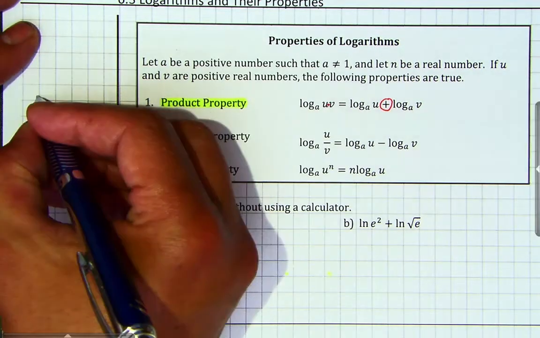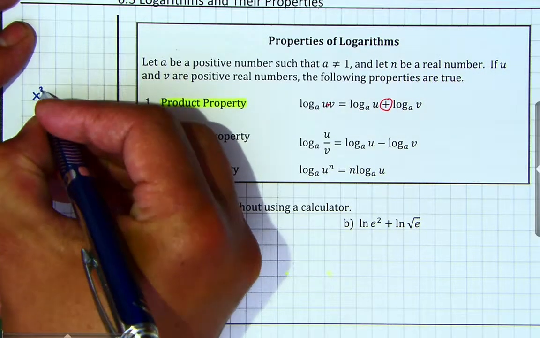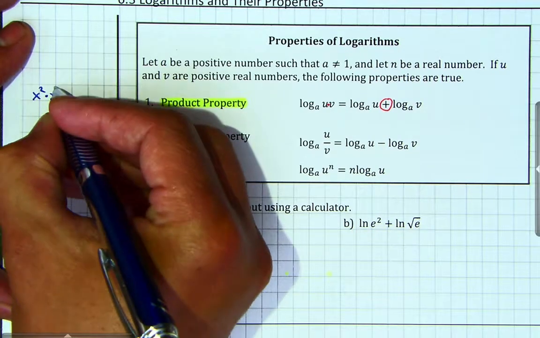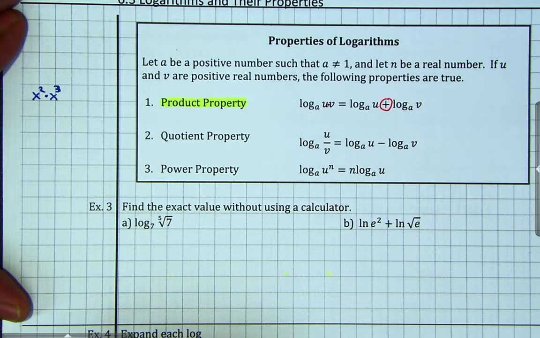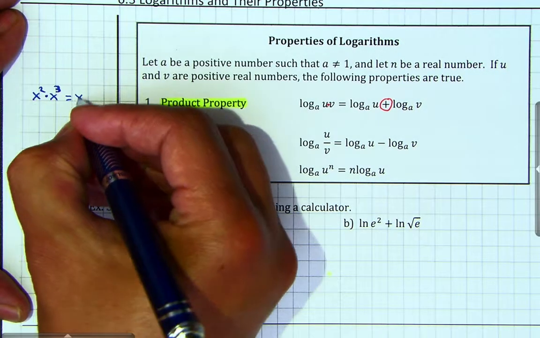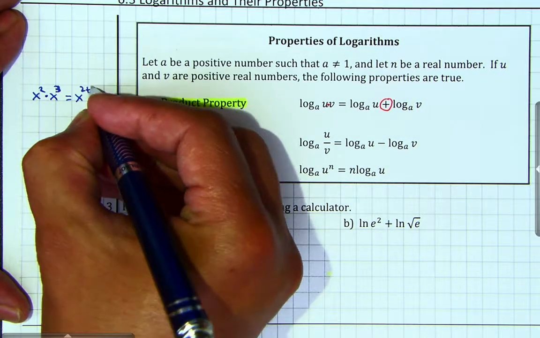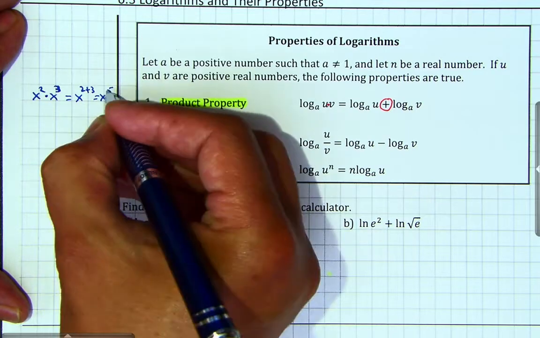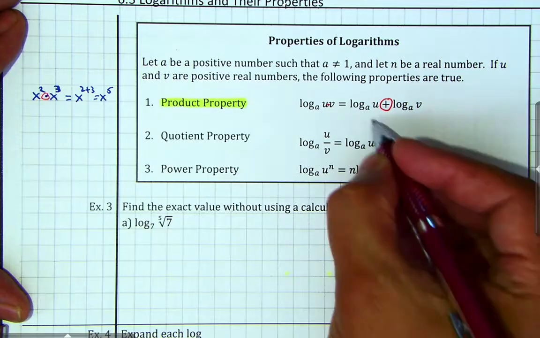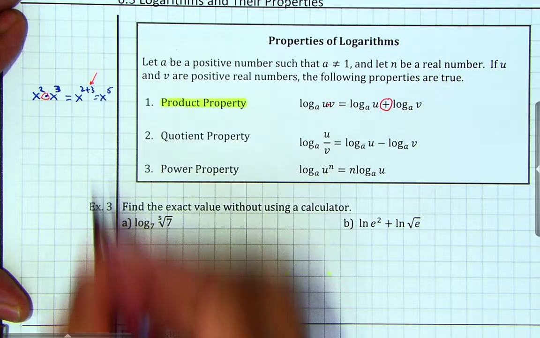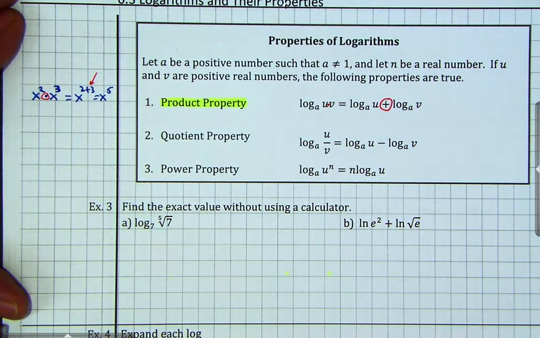So if I write down x squared times x to the third, what do I do with the exponents? You add them. So it'll be x to the 2 plus 3, which is x to the fifth. So therefore, if they're multiplying, you add the exponents. So basically that's where it comes from.